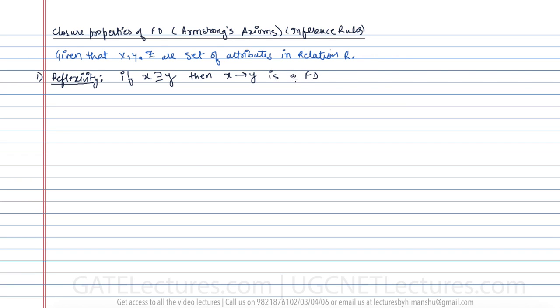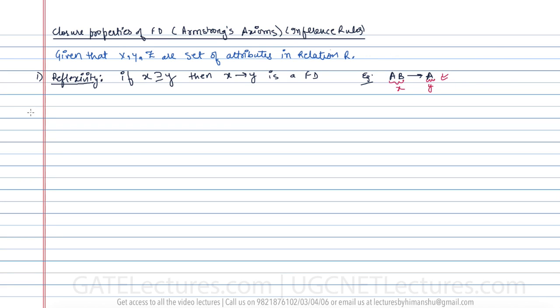For example, AB determines A is a trivial functional dependency. If AB is represented by X and A is represented by Y, you can see Y is a subset of X. That is why this functional dependency always holds.